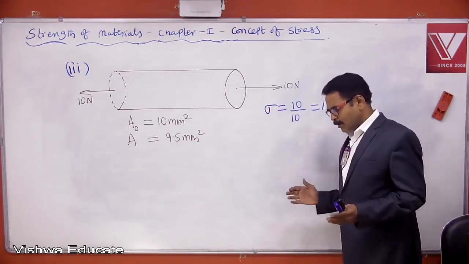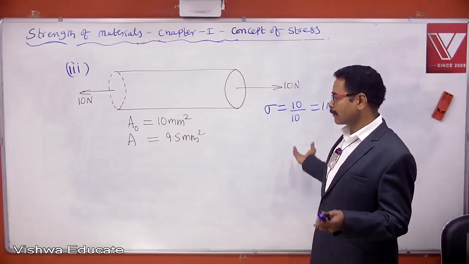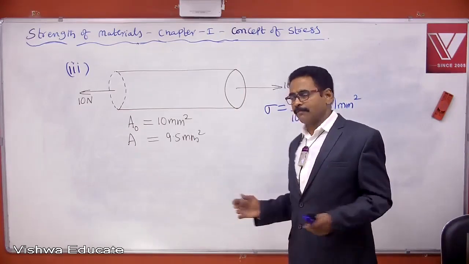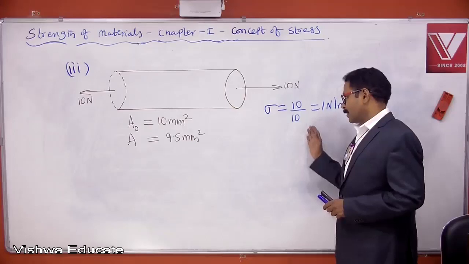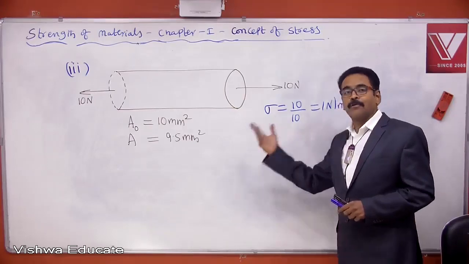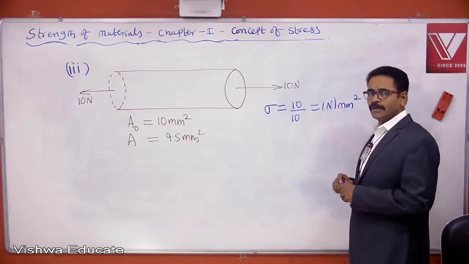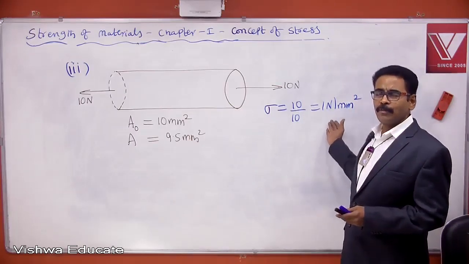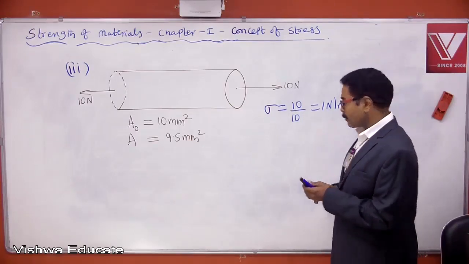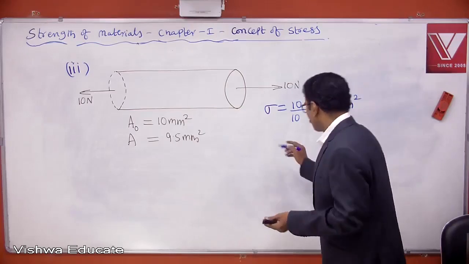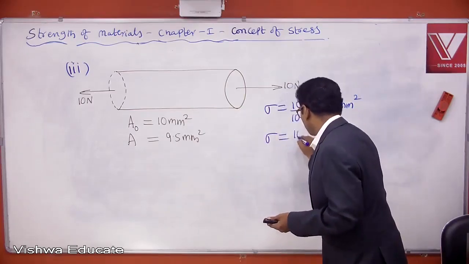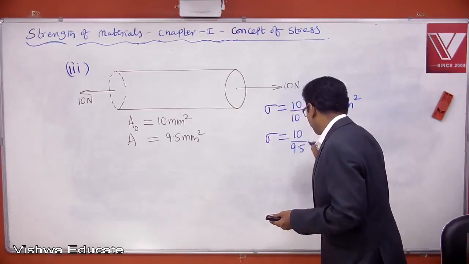So are you using before loading area or after loading area? In our BTech, definitely you might have used area of cross section of bar before loading. So 10 by 10, 1 Newton per millimeter square. Most of you may answer like this, and some of you may say stress is equal to 10 by 9.5.